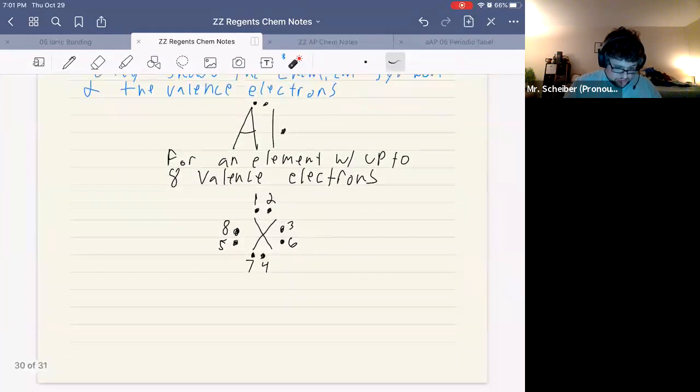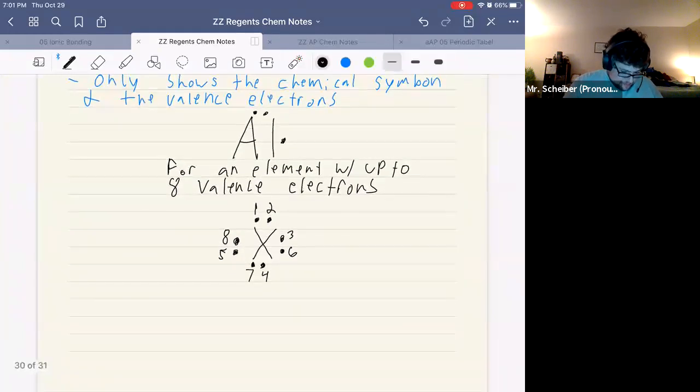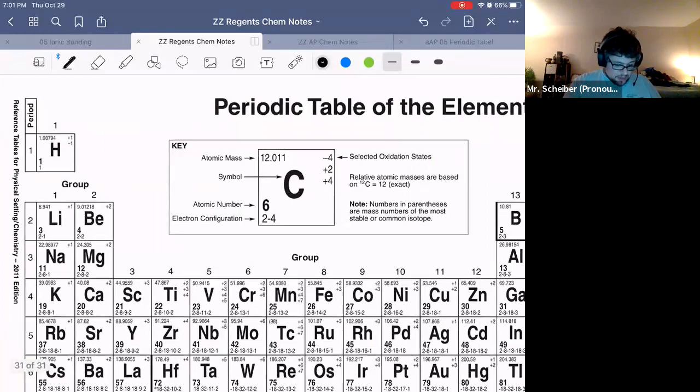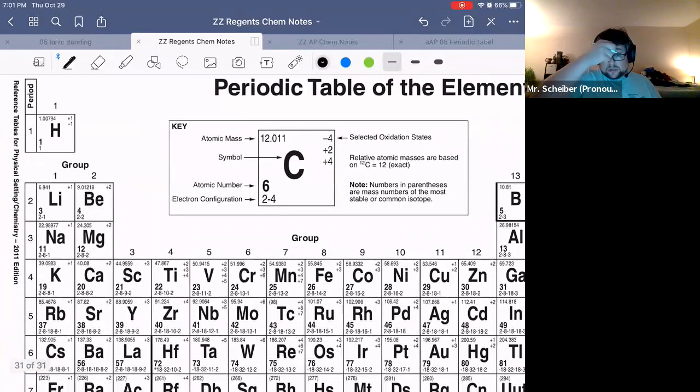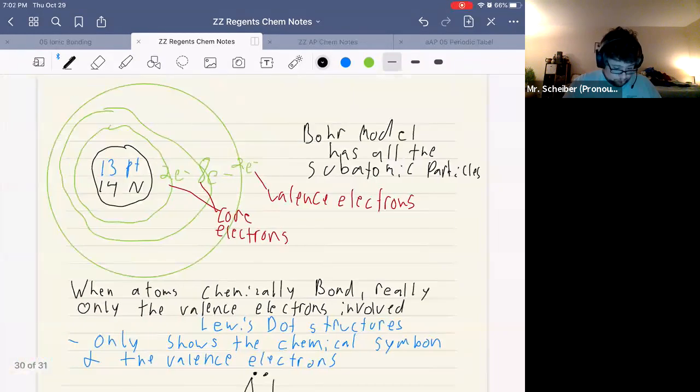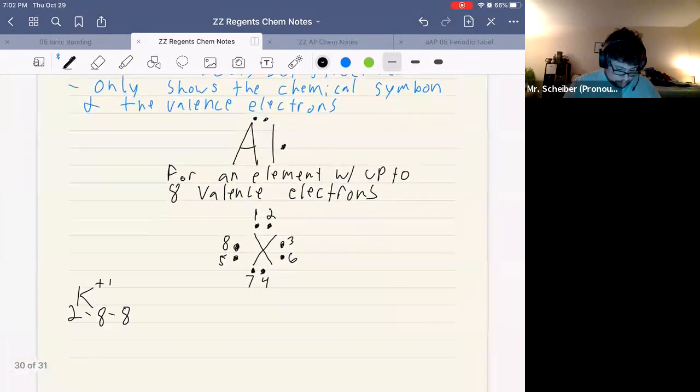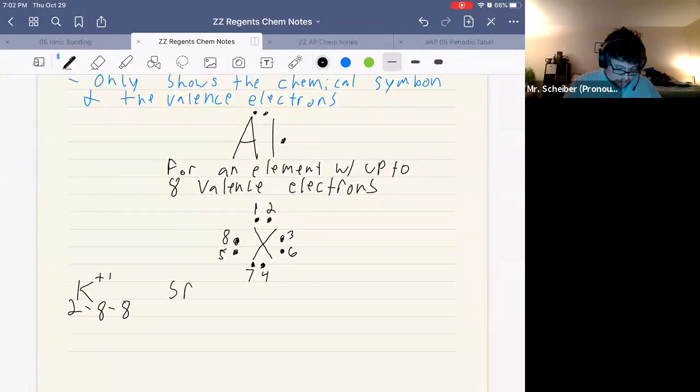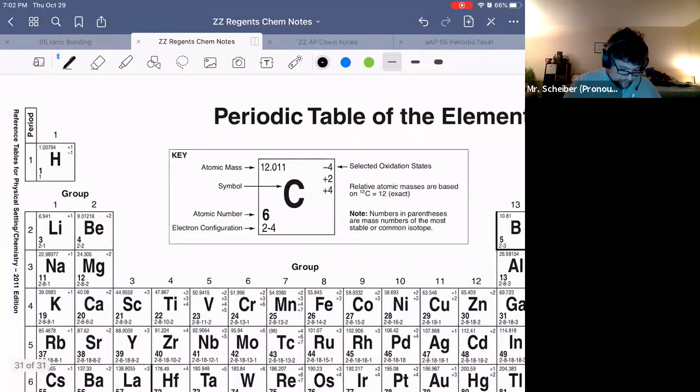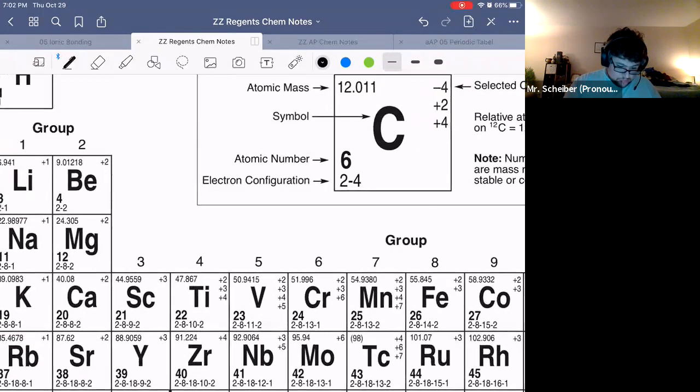So potassium +1, its electron configuration 2, 8, 8. Let's look at another example. Let's look at, I don't know, strontium. Sr. It happens to lose 2, right? It's going to form a +2.